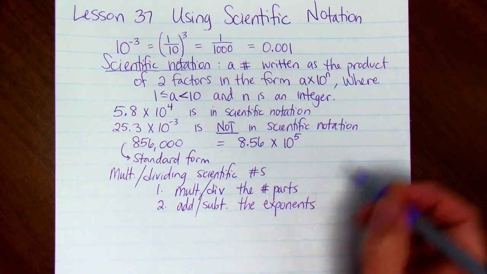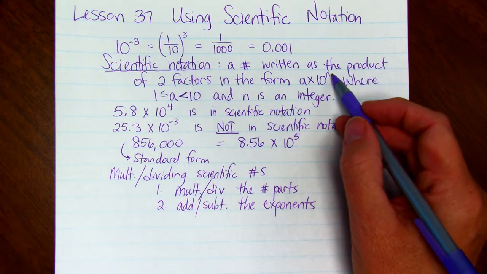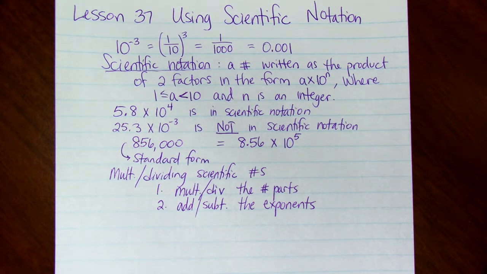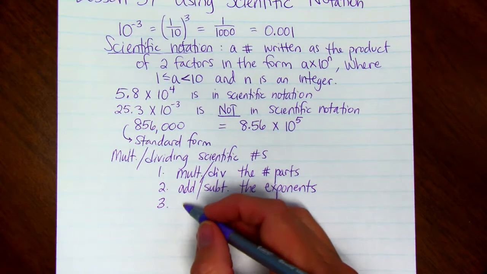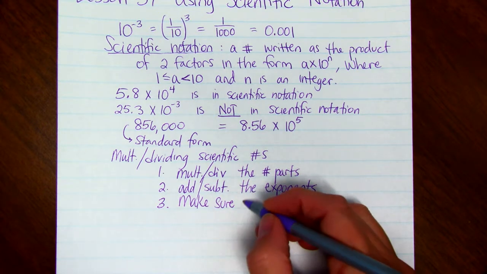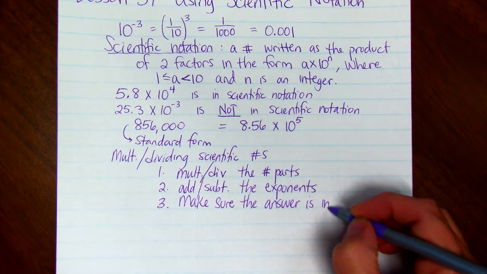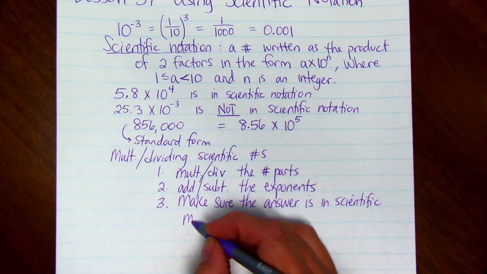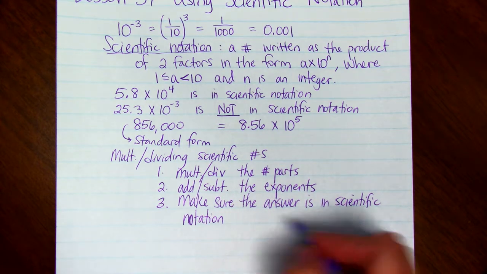So the exponents on 10, the n here, we add if we're multiplying two scientific numbers, and we'll subtract the exponents if we're dividing two numbers in scientific notation. And the last step is to make sure your final answer is in scientific notation. Unless you're told to put it in standard form, if you're multiplying or dividing numbers in scientific notation, you want the answer to be in scientific notation.